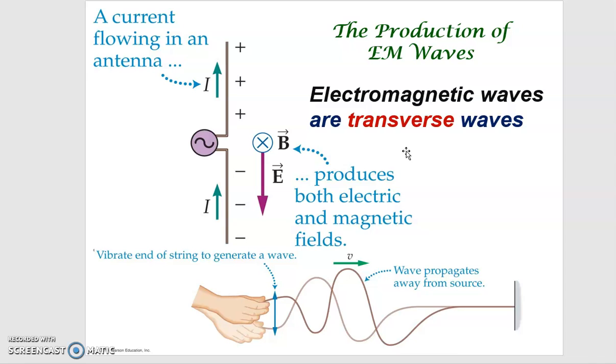So all the properties we studied before about transverse waves can be applied here. This is an example of a transverse wave: you can see the oscillation of the particles is perpendicular to the direction of wave propagation. So now let's continue.